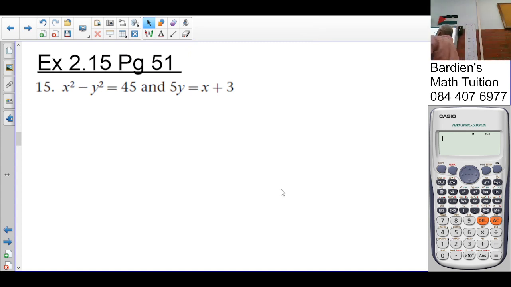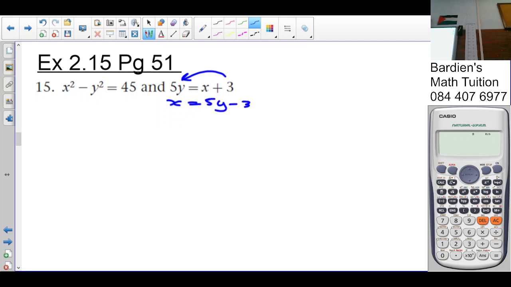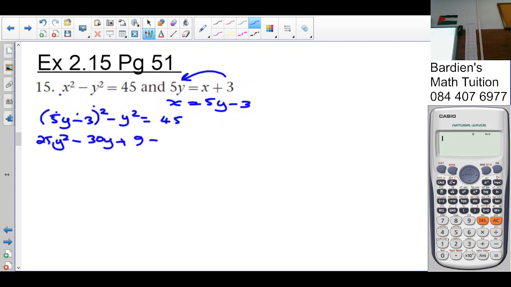So, the first thing is we must make x the subject of the formula. So that means x is equal to 5y minus 3. Wherever I see x, I put 5y minus 3, so it's (5y minus 3) squared minus y squared equal to 45. First term squared is 25y squared, that times 2, it's negative 30y, plus 9, minus y squared is equal to 45.